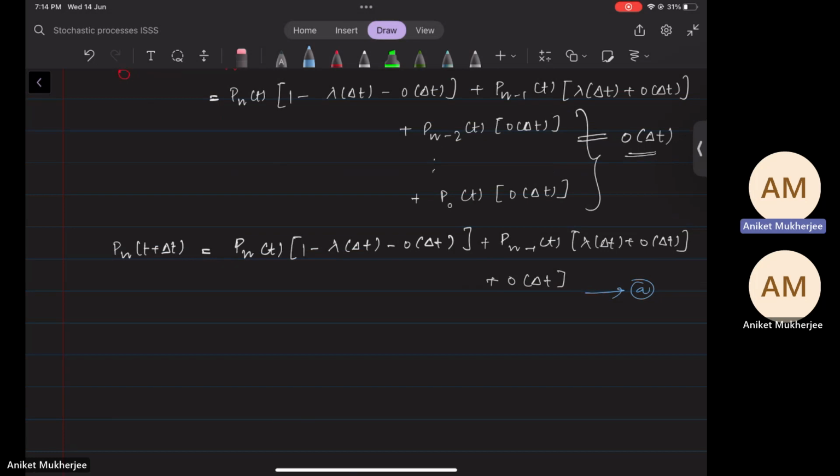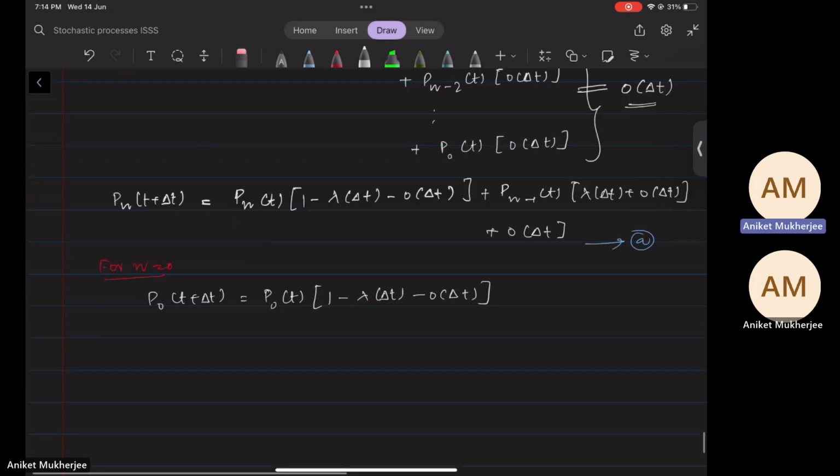And then I write it for n equal to 0. For n equal to 0, I get p 0 t plus delta t: no arrivals occur in 0 to t, and then no arrivals occur in t to t plus delta t. Let me call this b.